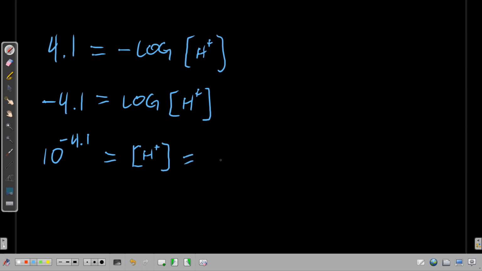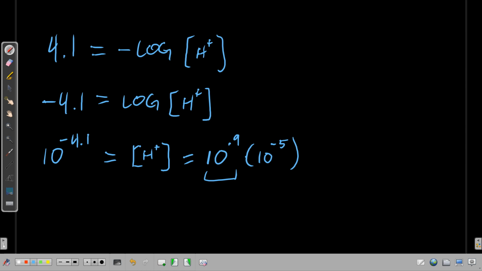So that number is really 10 to the power of 0.9 times 10 to the minus 5, because if you add those together, you'll get minus 4.1, and then this number right here, is it between 1 and 10?